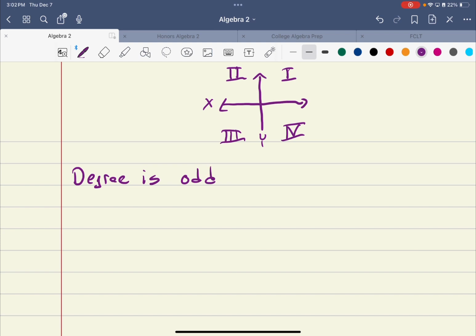You're given a polynomial and the degree of that polynomial is odd. That means it's like a 1st degree, 3rd degree, 5th degree, 7th degree, and so on. But its degree is odd.